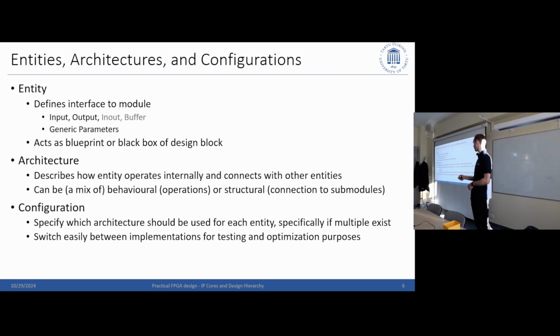The architecture describes what happens in the entity, so how the entity operates internally and also how it may connect to other entities. There's a behavioral part, how it works, and a structural part, how it connects to the others. You can technically split architectures into those two types. They can be separated, but they can also be a mix of both.